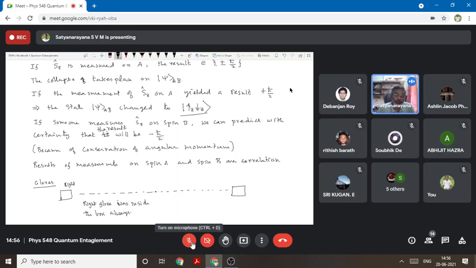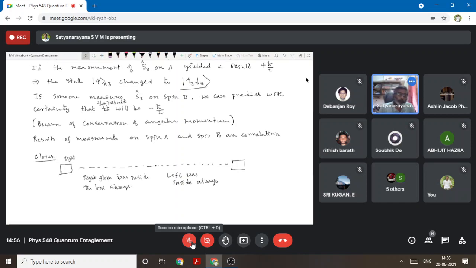Same thing is true here. So left was inside the box always. Only thing is we don't know. Only by opening the box, we come to know. That is, we get the knowledge of it.